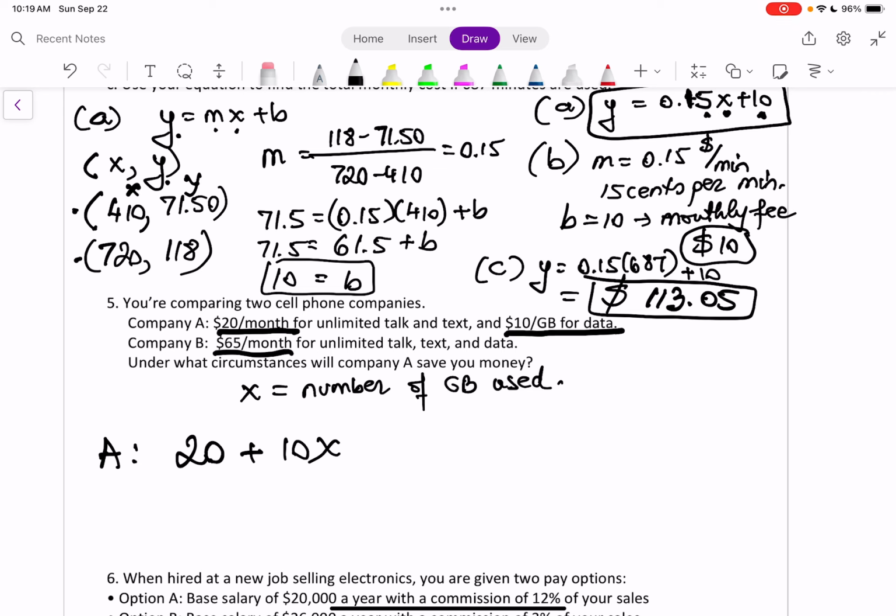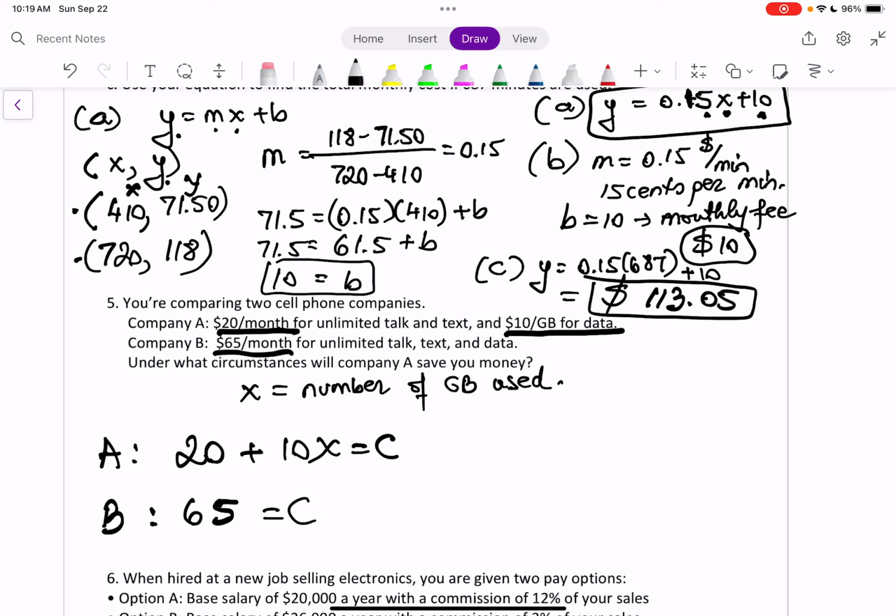Per gigabyte, so multiplied by the number of gigabytes. Company B is just simply charging you, so this is the cost, right? The cost for company B is just the $65 monthly fee, so we don't charge you for anything, okay?